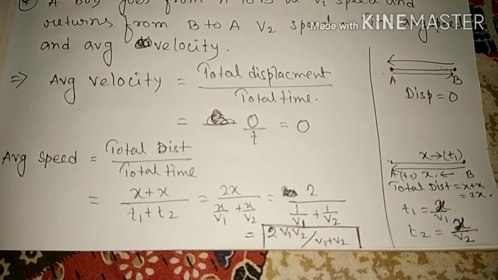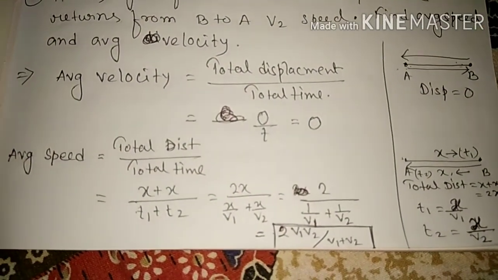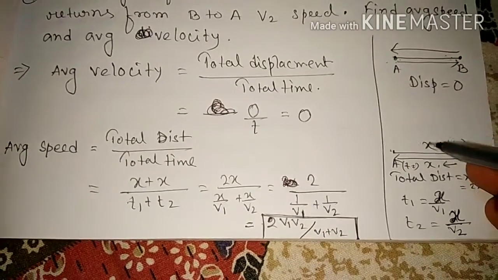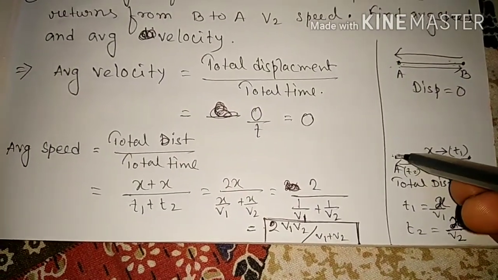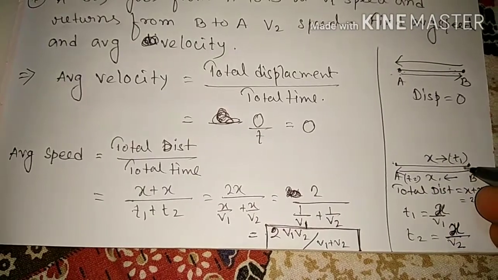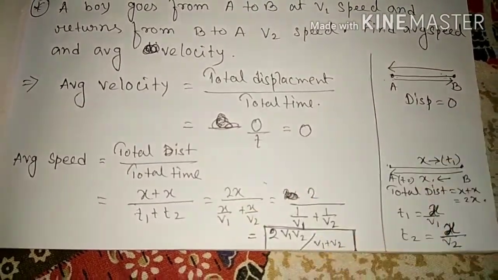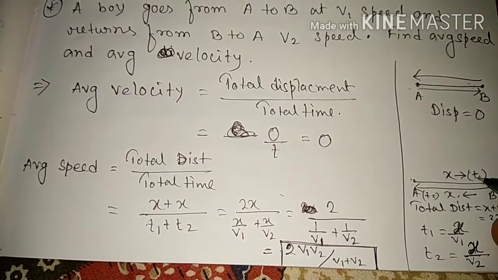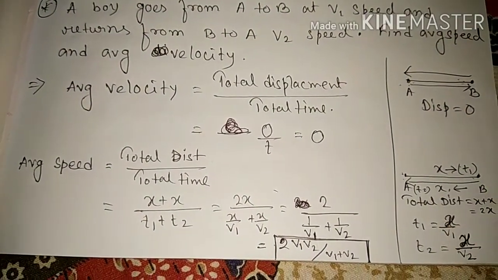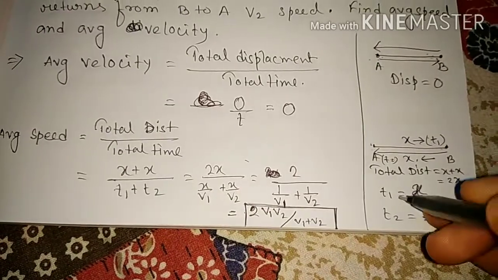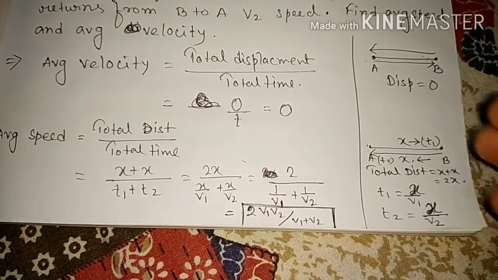Now average speed means total distance by total time. The total distance: first A to B is x, then B to A is x, so x plus x is 2x. Total time for A to B is t1, B to A is t2. Now we can express t1, as we know that velocity equals displacement by time.